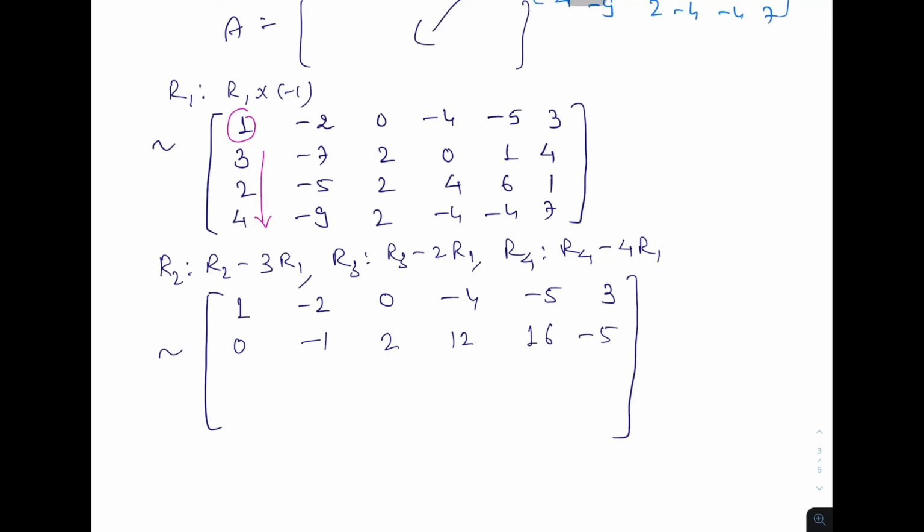Then multiply every entry of the first row by minus 2 and add in the third row.